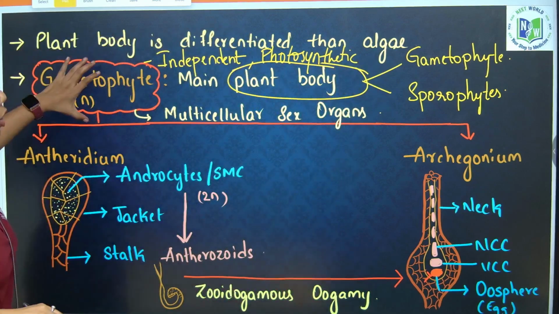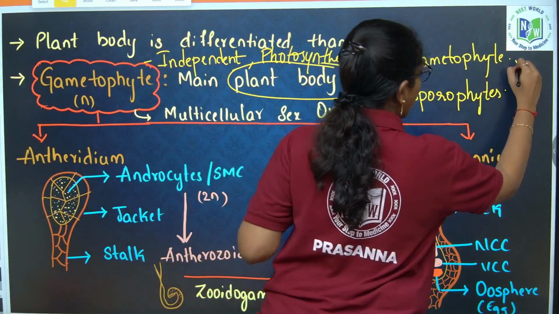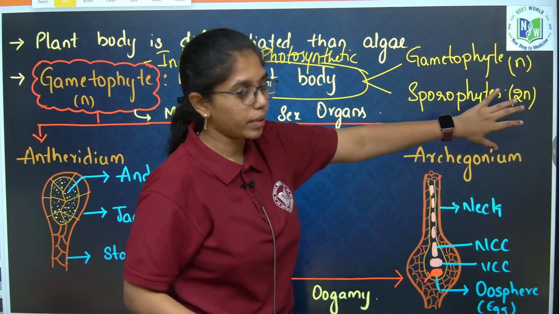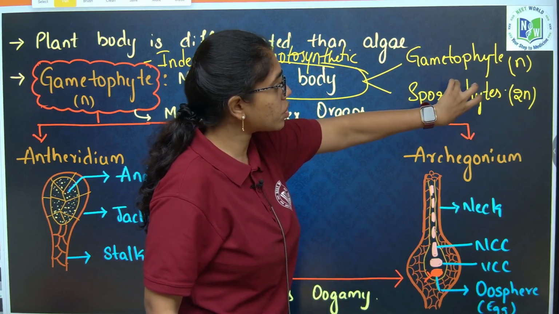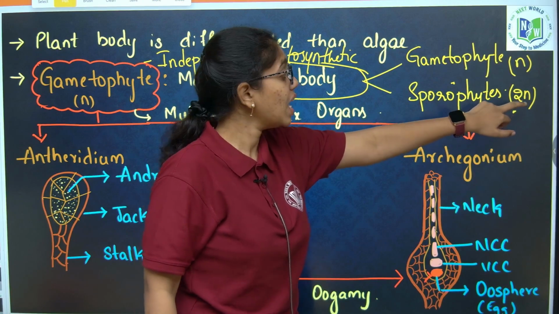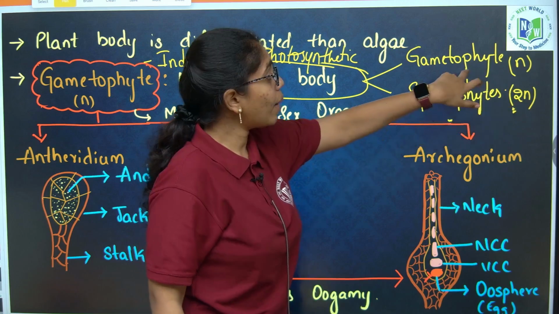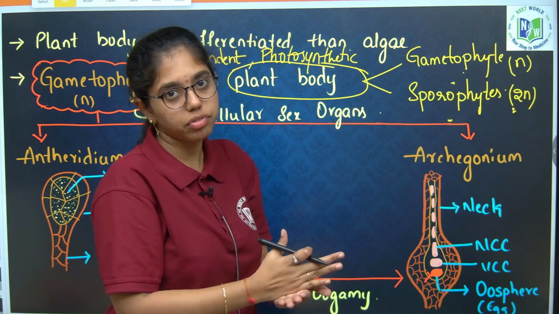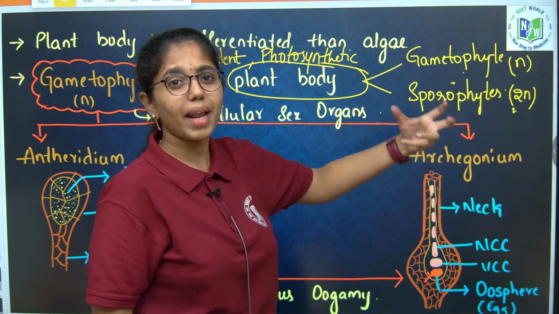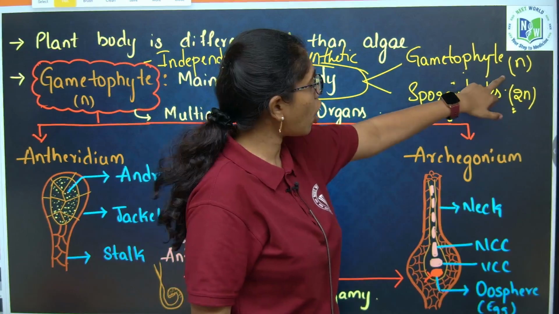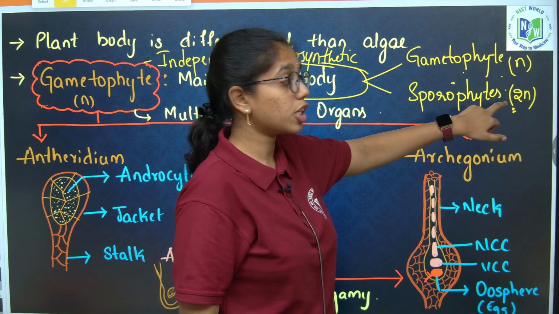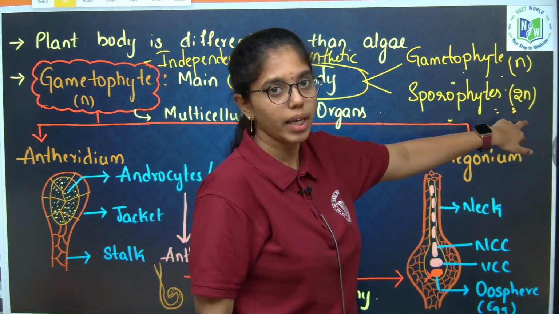Gametophyte ploidy will always be haploid. Sporophytic plant body is diploid. Fix it in your mind, beta. Sporophyte of a plant body has the complete set of chromosomes, that is why it is diploid. Gametophyte has only half the set of chromosomes, that is why it is haploid. Root-like, stem-like, leaf-like structures are all haploid only. Spore bearing structures, that are sporophytes, are diploid.